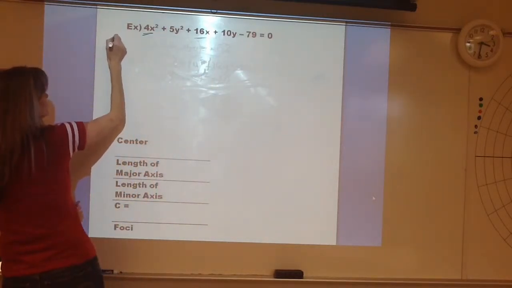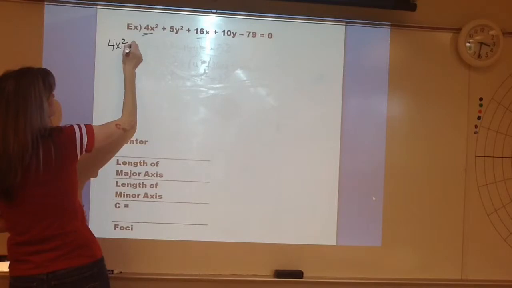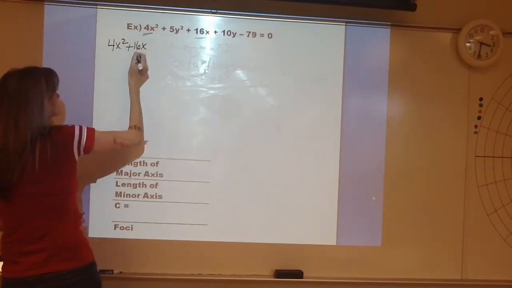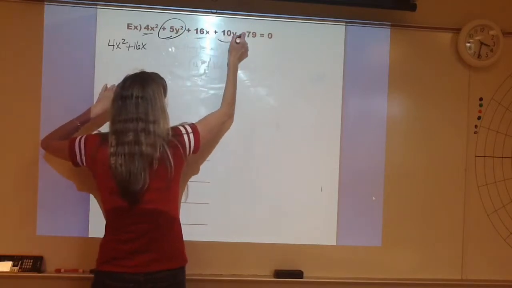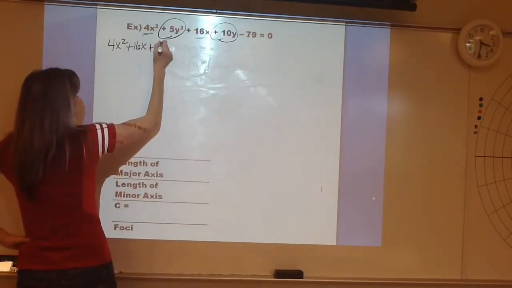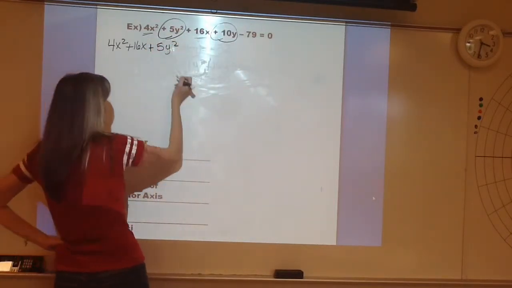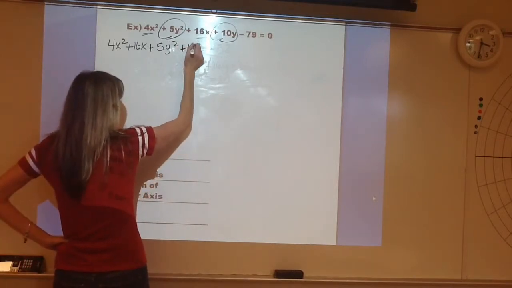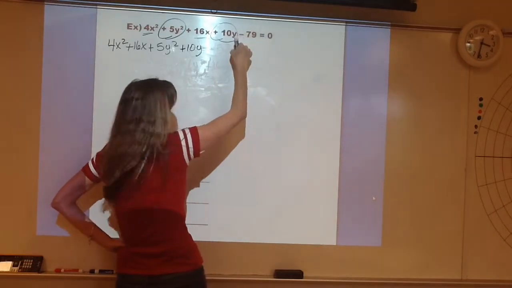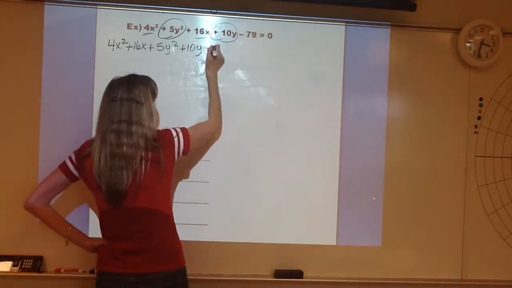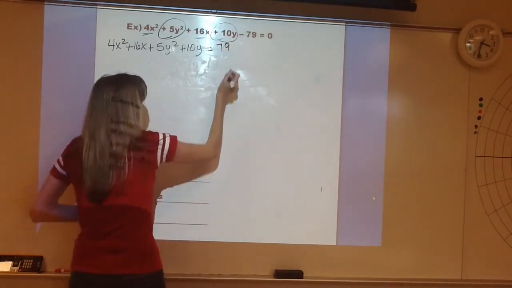So that would be 4x squared plus 16x. And then I want to group my y's together. So that's plus 5y squared plus 10y. I want this minus 79. I don't want it there. So I'm going to add 79 to both sides, and that gives me positive 79.